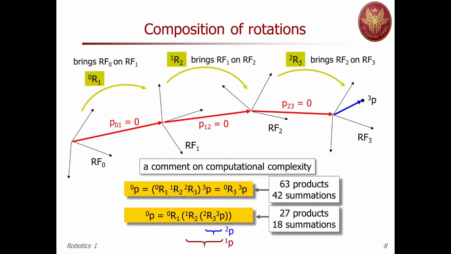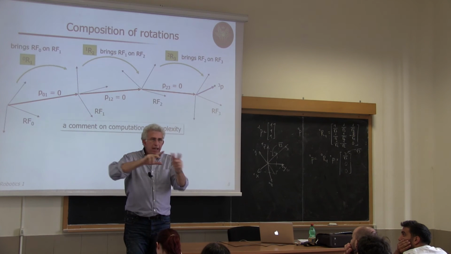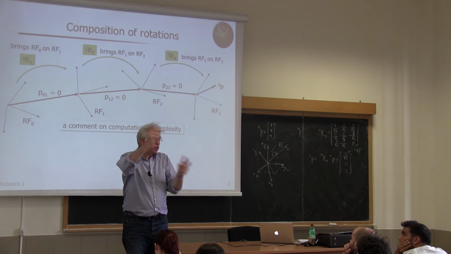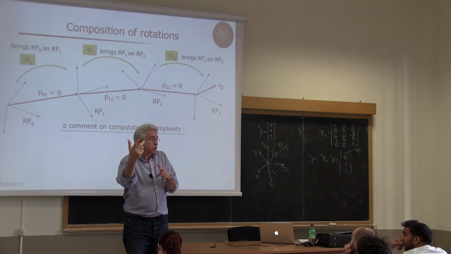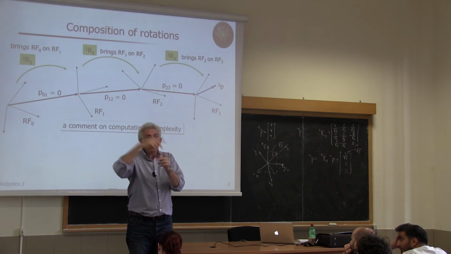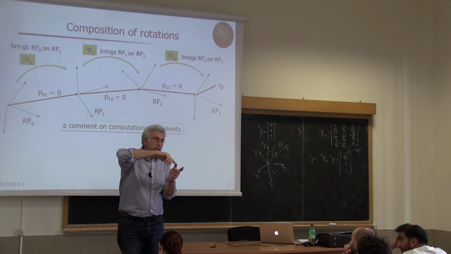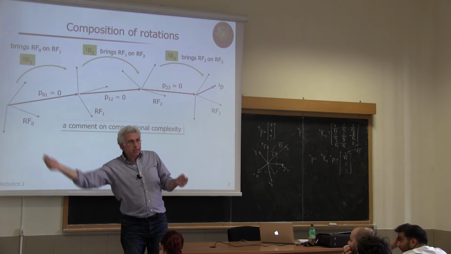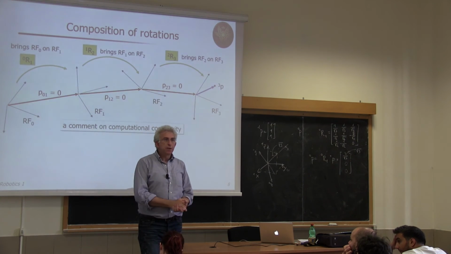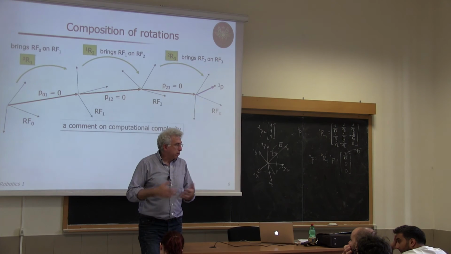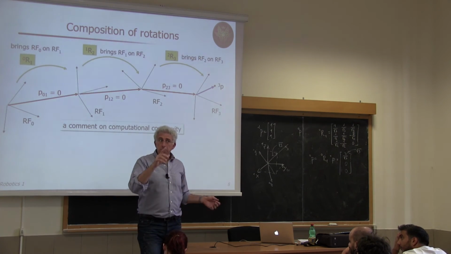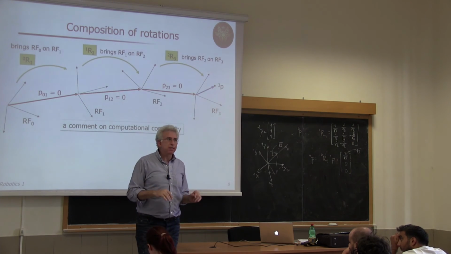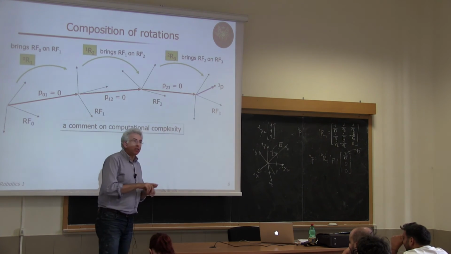I'm starting with a frame attached to the base, then I attach a frame to each link, and then I have to describe the position and orientation of one link with respect to the previous one, or of the associated frame with respect to the previous one, and then of the following one with respect to the previous one, and chaining things and doing products, I will obtain the final orientation. Okay? There is also the position and the displacement to take into account. We will see later how to do both things together.